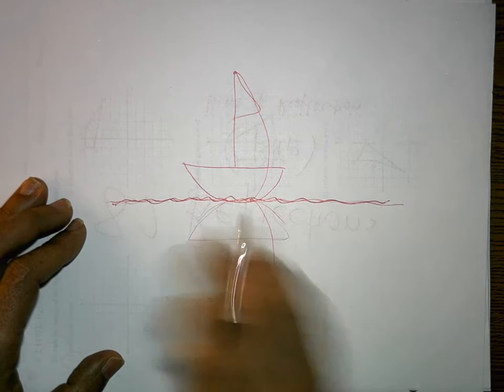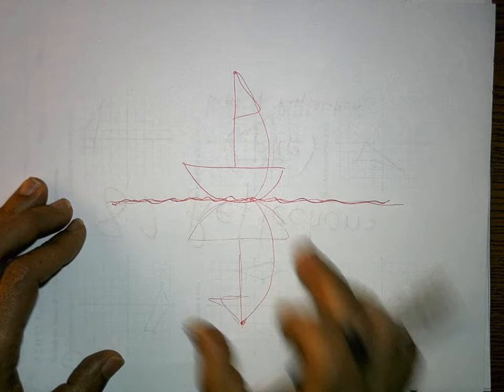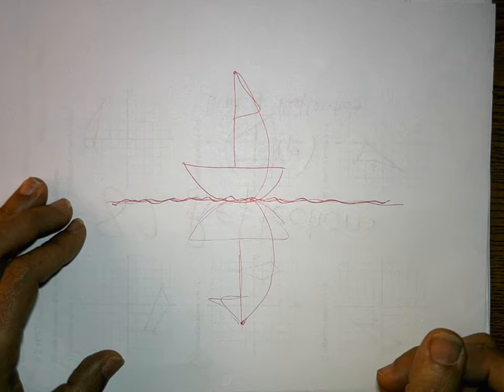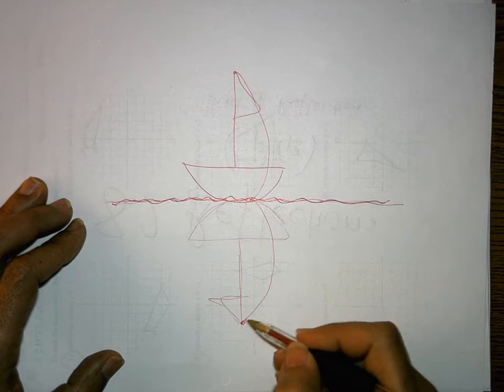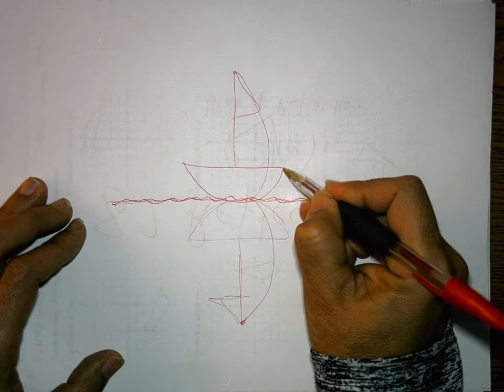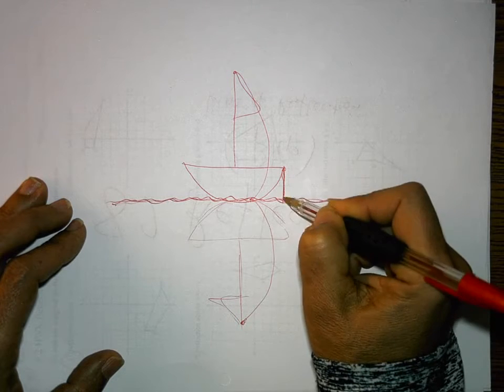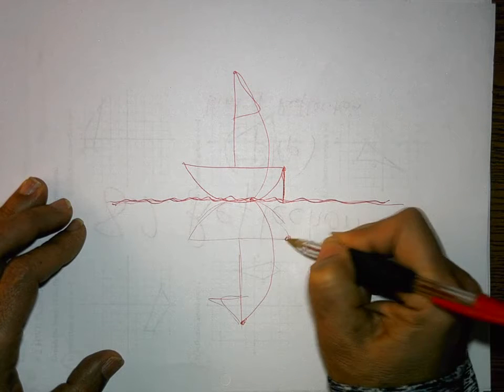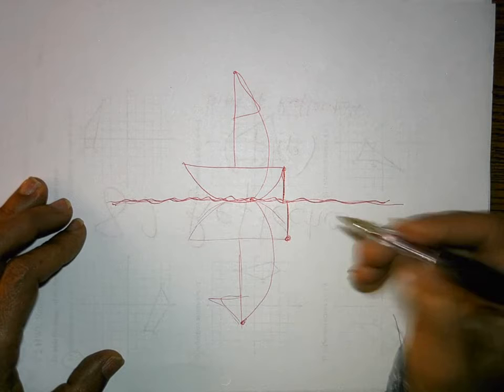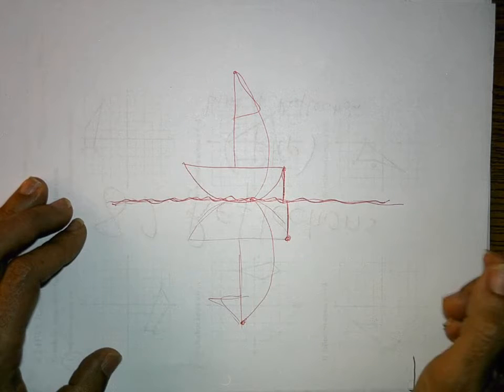Mathematically, yes. In water, no, because water distorts the picture, okay? But we're talking about equidistant. Everything will be the same distance from the boat to the water as it would be from the reflection to the water. Mathematically, it's true, but here it's not, okay?